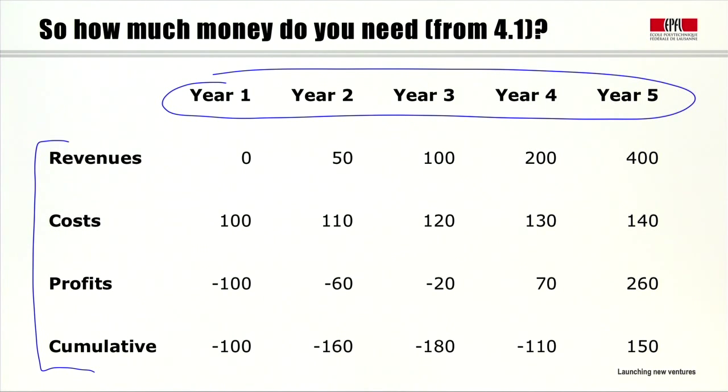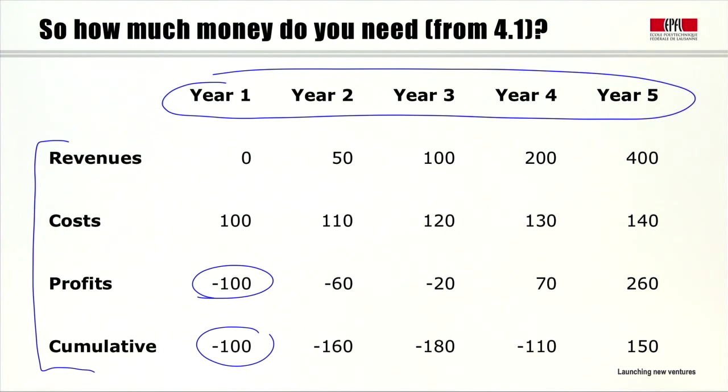And so as you can see, in the first year, there are no revenues. And in the second year, we have 50. We continue to spend 100, 110, 120, 130, 140. So we always have costs, and eventually we gain more and more revenues so that we end up losing 100 in the first year, and then that has a cumulative effect of having 100 less than we started with at the end of the first year.